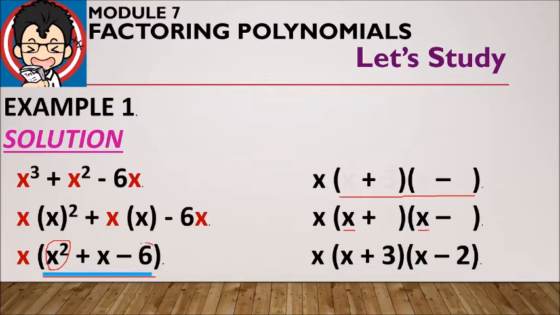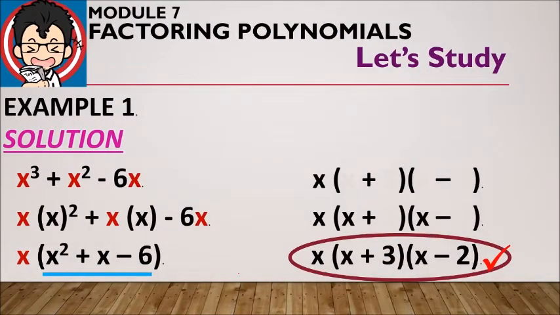And then, nag-isip ako ng dalawang numbers na kapag minultiply, ang sagot ay negative 6, pero pag inadd, ang sagot 1. And ano ba yung dalawang numbers na yon? Obviously, that's positive 3 and negative 2. So, that being said, nakuha na natin ngayon yung factors ng x cubed plus x squared minus 6x.